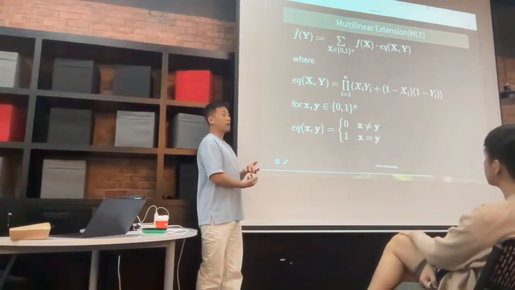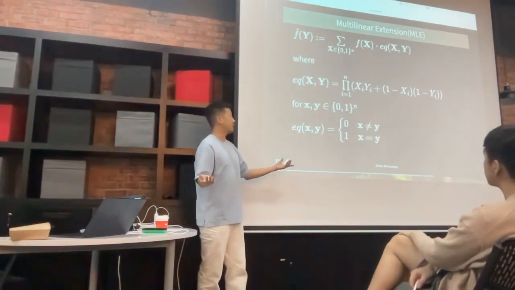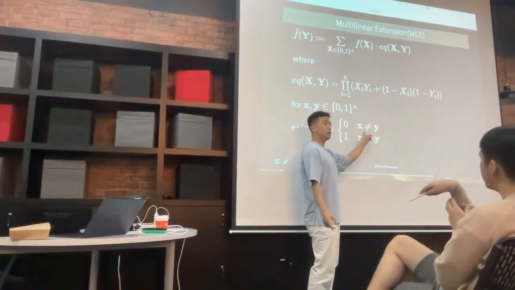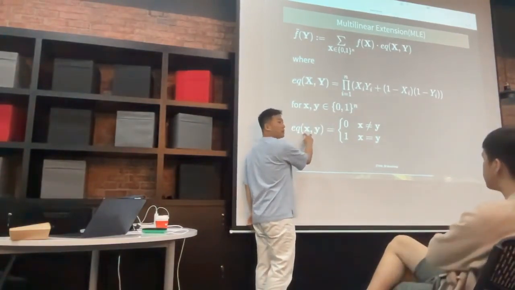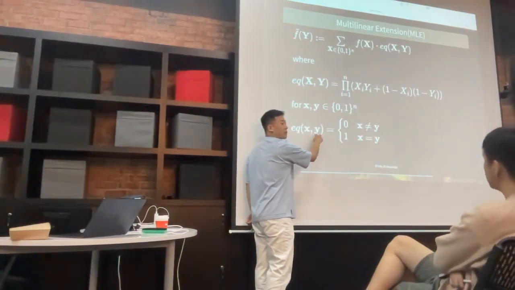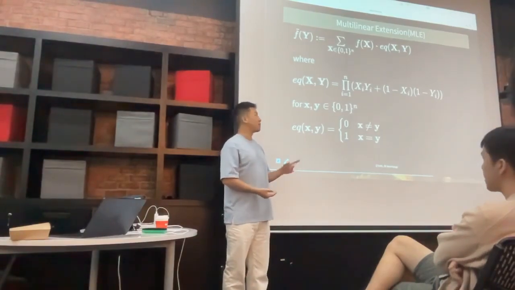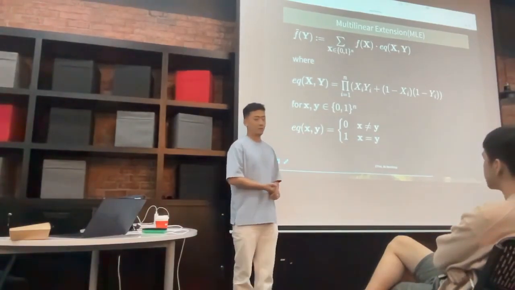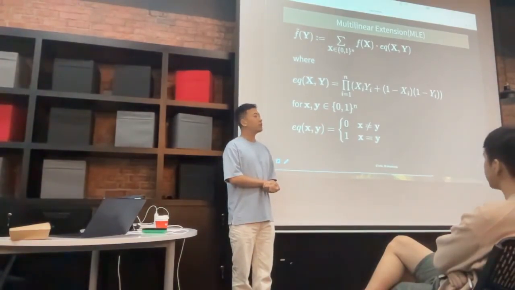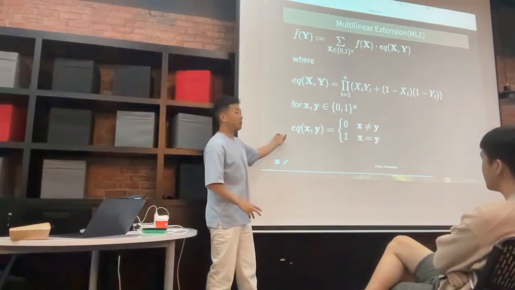It interpolates the vertices like this: it gives you 0 when the first part and the later part are different, and when they are equal to each other, it gives you 1. This is the equal polynomial.